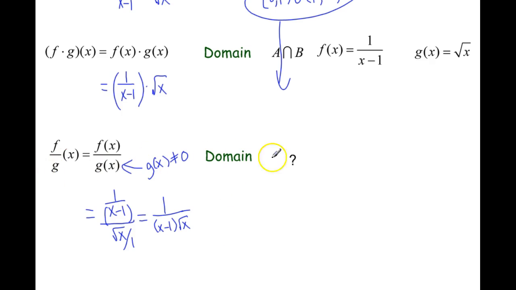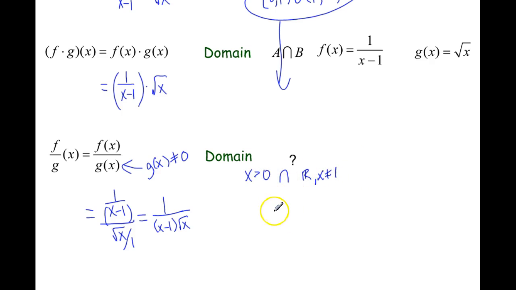So if you remember, the domain for g of x was x is greater than or equal to 0. Because g of x can't be 0, we might say the new domain is x greater than 0. And that's going to intersect with the domain of the other function, which was all reals, where x is not equal to 1.